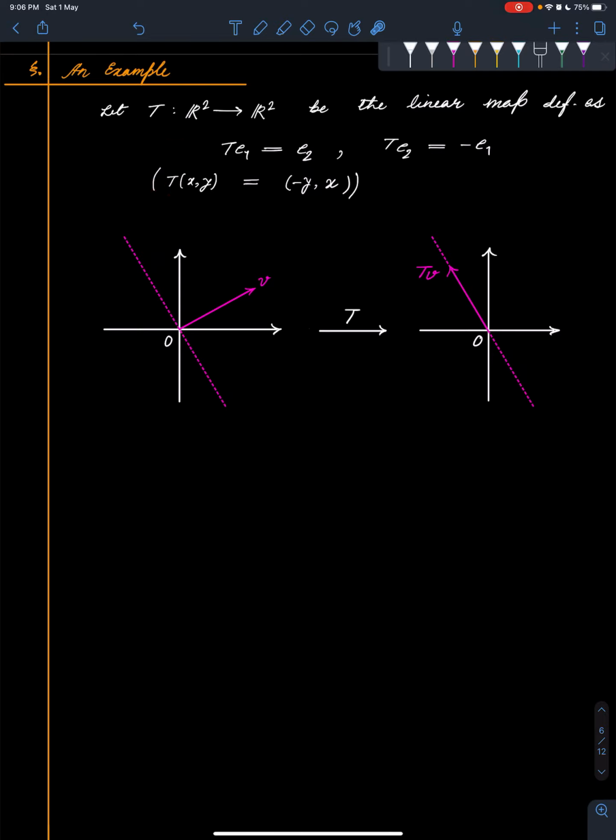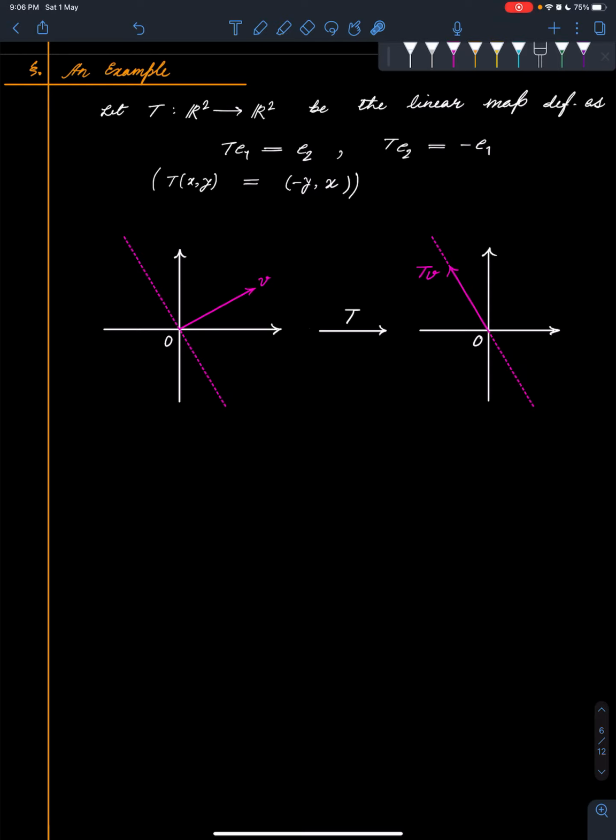And if you work out what exactly T is doing to an arbitrary vector, it is the following. Suppose you pick an arbitrary vector in R2, then T is just rotating this vector by 90 degrees. So if this is a vector V, then the 90 degree rotation of that is the vector TV.